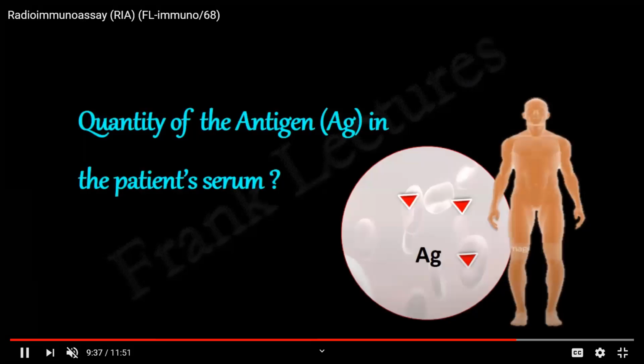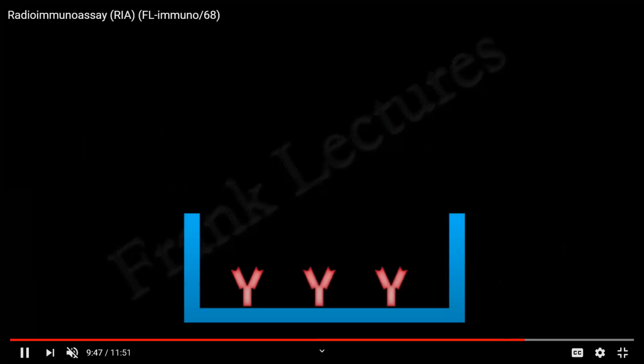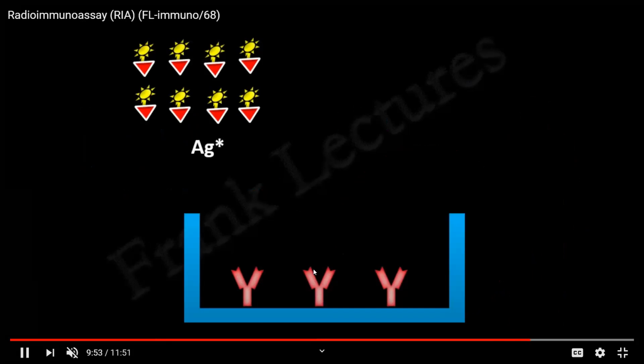Now we need to find the quantity of the antigen in the serum of the patient. How much antigen is present? We need to find that out. So we are going to follow the same technique again. The microtiter well is taken. The antibody is added to it and immobilized, and labeled antigens are added to it.